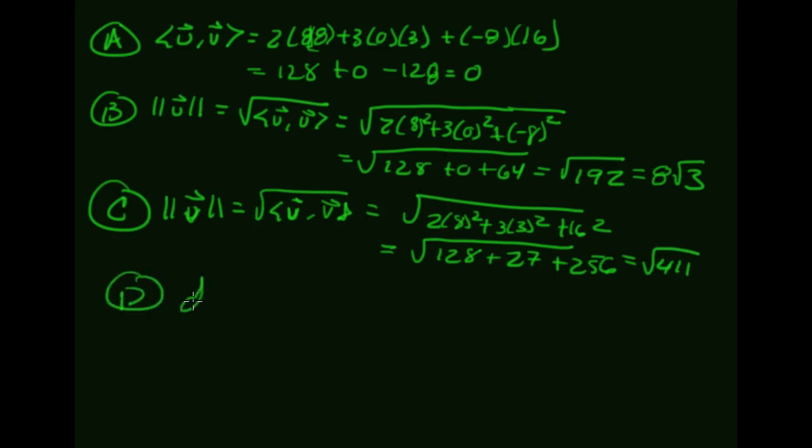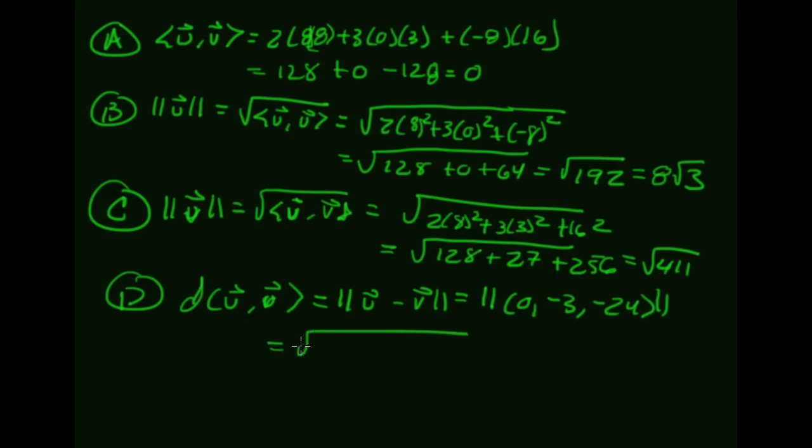Part D is, what is the distance from vector u to vector v? And that's the magnitude of u minus v. So this is going to become the magnitude of 0, negative 3, negative 24.